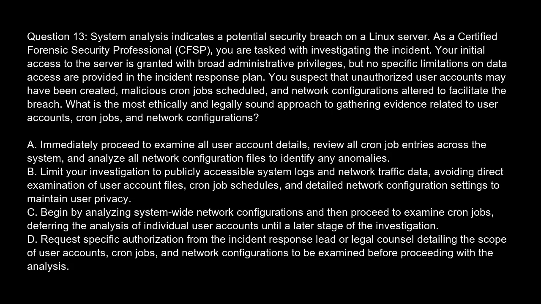Option C. Begin by analyzing system-wide network configurations and then proceed to examine cron jobs, deferring the analysis of individual user accounts until a later stage of the investigation. Option D. Request specific authorization from the incident response lead or legal counsel detailing the scope of user accounts, cron jobs, and network configurations to be examined before proceeding with the analysis.